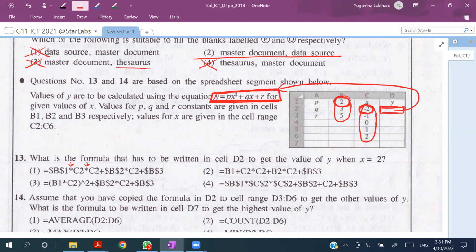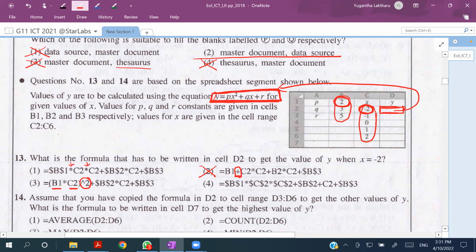In the second answer, they have said B1 plus C2 into C2. Here they have used a plus mark, which is going to give you an error. So the second one is out. In the third, they have said multiply B1 and C2 first, then go for the square. This gives you the square, but it is not the case.